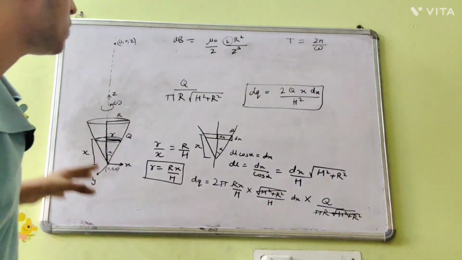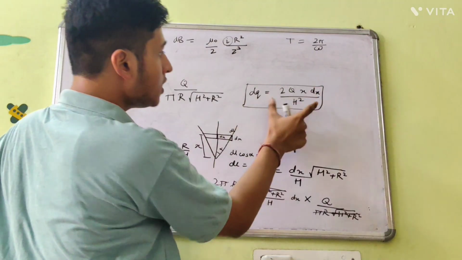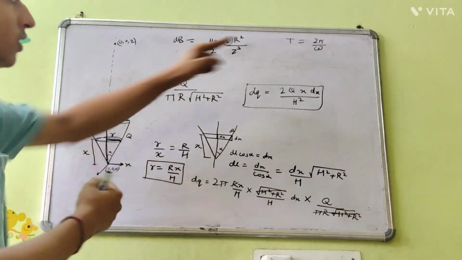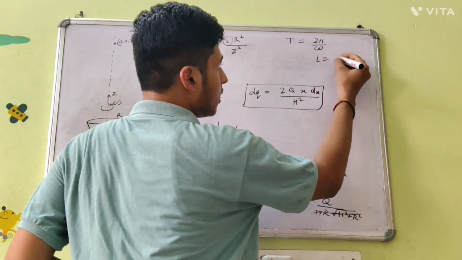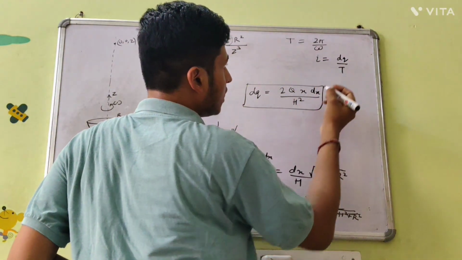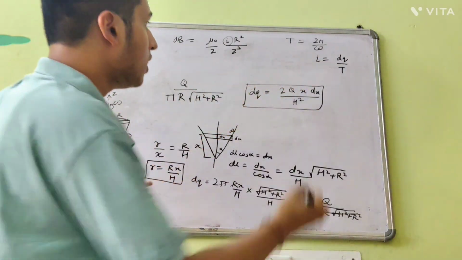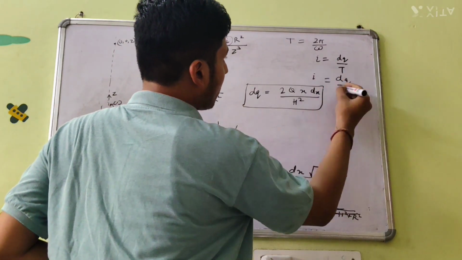So 2 pi by omega will be the time period of its rotation. Now in this much time, dq charge rotates. Current is the rate of flow of charge, so current is dq by T. How much charge rotates per unit time, that is current. So the current is dq by 2 pi by omega.